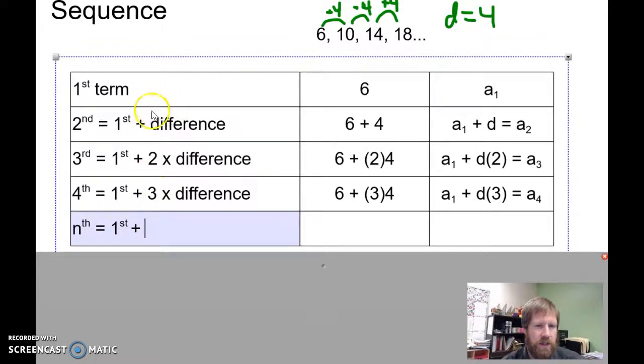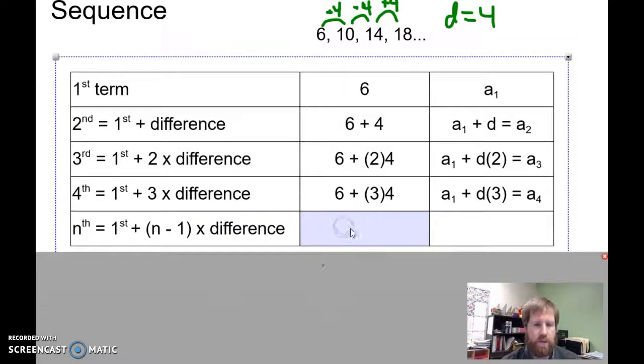But what I can see is that this 2 times the difference is 1 less than that term. This 3 times the difference is 1 less than that term. So I could actually write this as the n minus 1 times the difference, right? And that should get me to be the same pattern as these ones, all right?